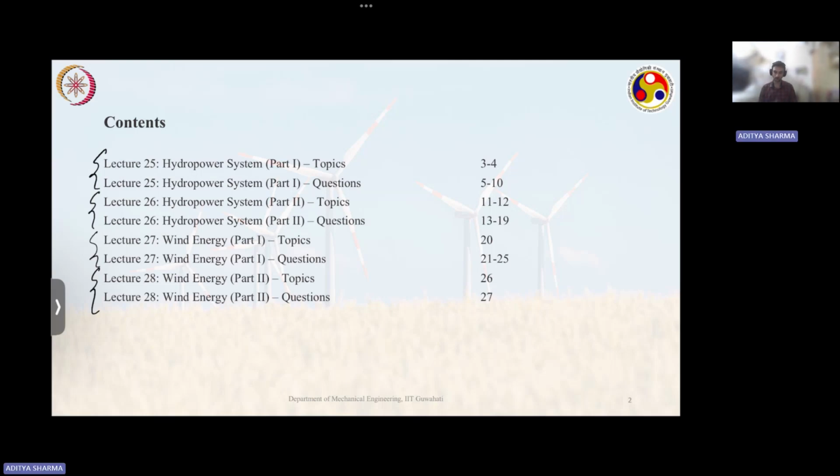Okay, so we shall see first topic, then questions for a particular lecture, and the same way we shall move forward in our session. Right. So first we have hydropower system, then we again have hydropower system, then we have wind energy, then again we have wind energy. So let's start with hydropower system part one.